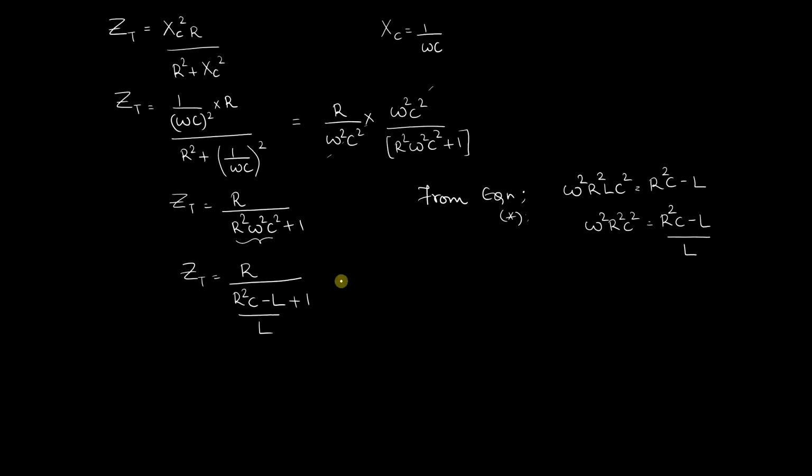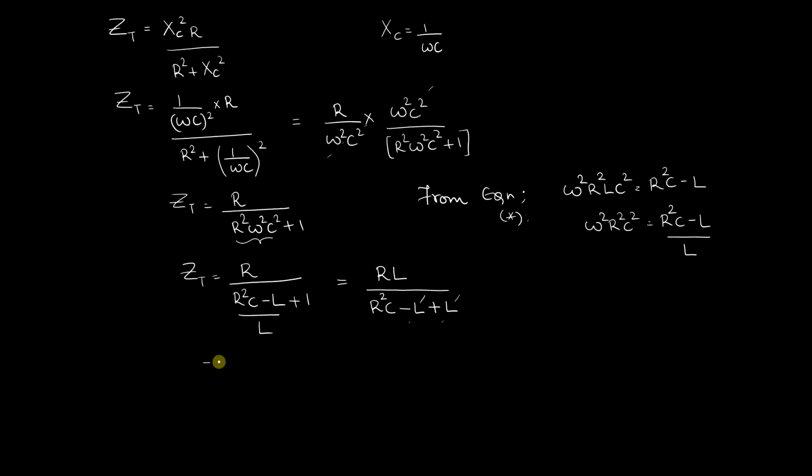So I can write the expression for total impedance ZT equal to R into L divided by R square C minus L plus L, because I have taken L common here and brought it to the numerator. So what remains in this case is this, and this gets cancelled off.